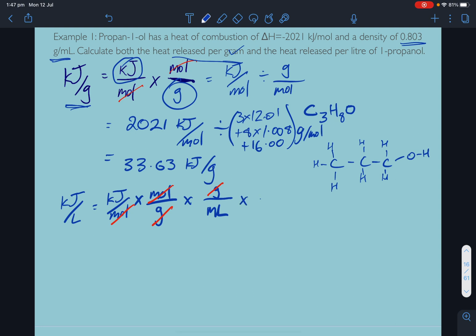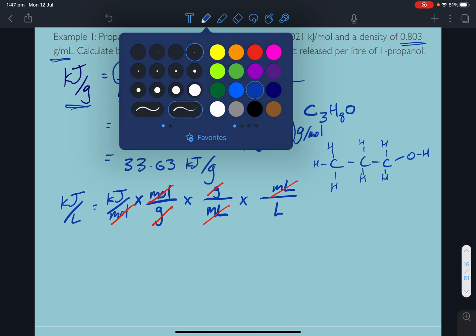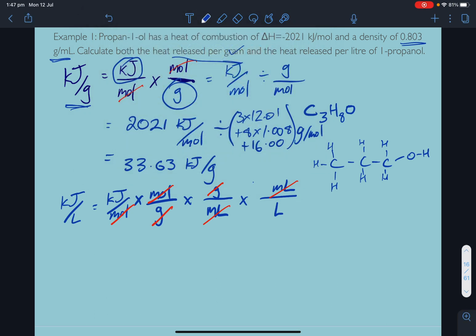So we're going to multiply it by another fraction of milliliters per litre so that those cancel out. This is 1,000 milliliters per litre. So what have I got left? I've got my kilojoules per litre.